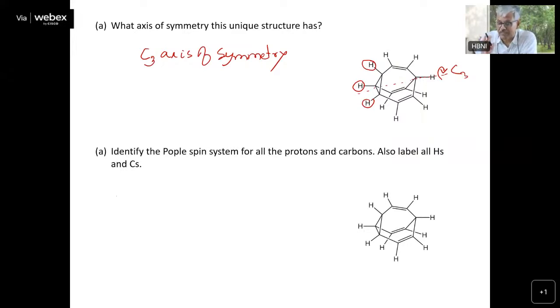I'm talking about chemically equivalent. Then this hydrogen and this hydrogen are also chemically equivalent, and this hydrogen and this hydrogen are chemically equivalent, and this hydrogen is separate. So there are 4 different groups of protons.